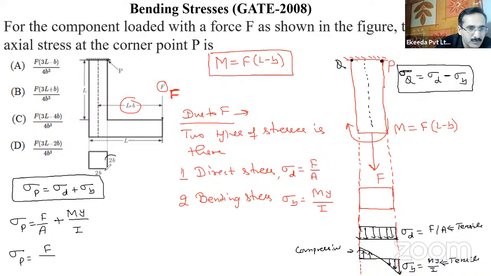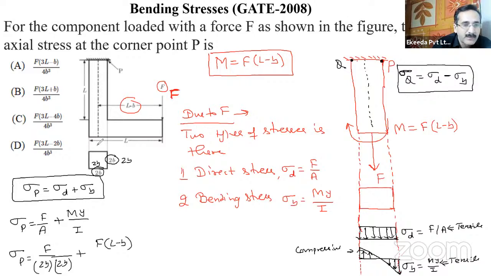The cross-section area is given to us as 2B into 2B, right? So this is 2B multiplied by 2B. This is force by area plus M. M is known to us, force multiplied by distance, L minus B. This is F into L minus B multiplied by Y.